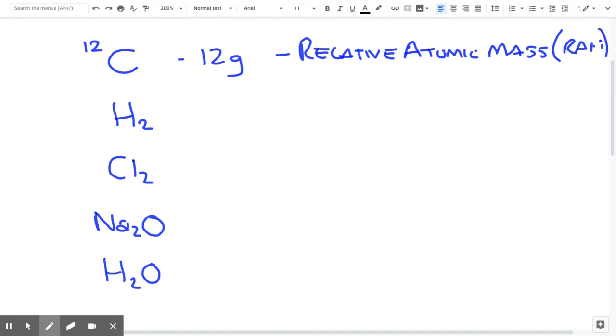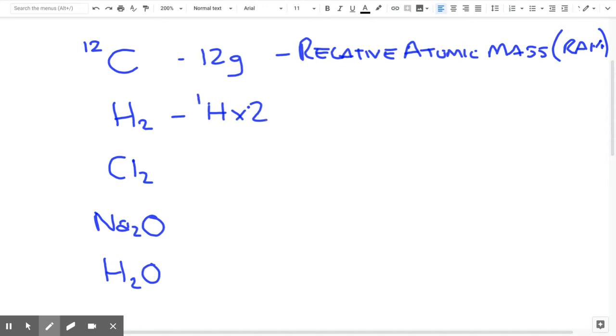Now if we go on to the next one, we're going to look at hydrogen, and this is where, as I said before, formulae of compounds becomes of paramount importance, so the formulae had to be correct. Hydrogen is made up of 2 hydrogen atoms within the molecule. The mass number of hydrogen is 1.